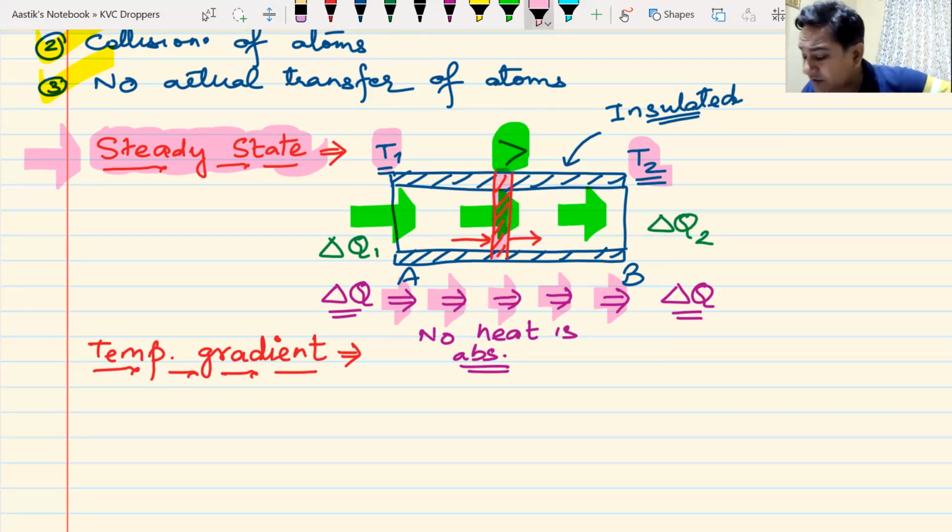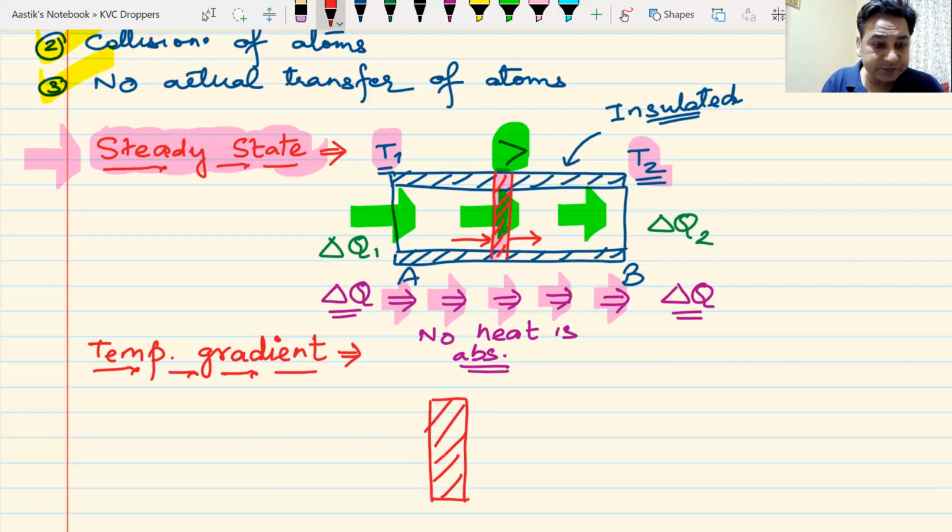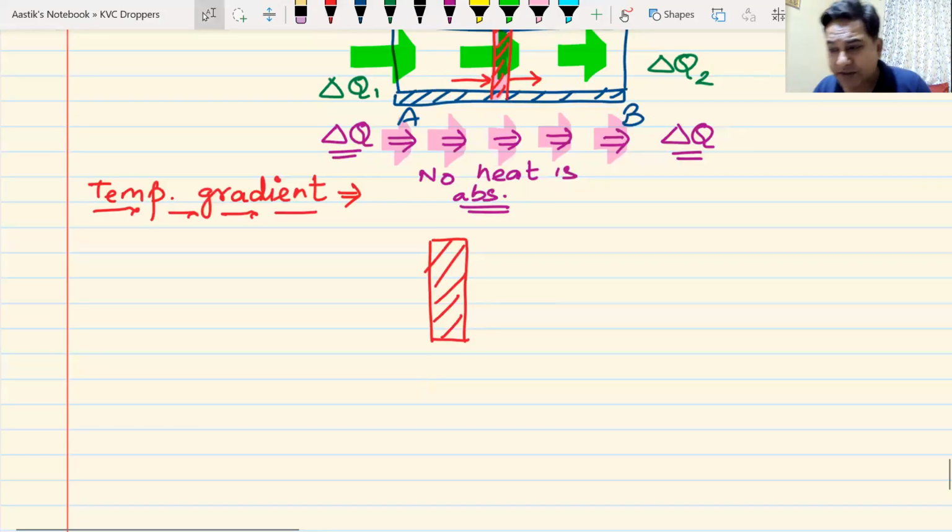Now, in between this section, there will be a difference of temperature between the two ends.